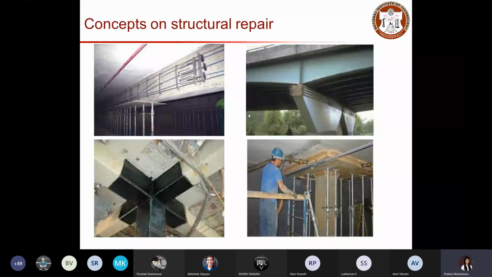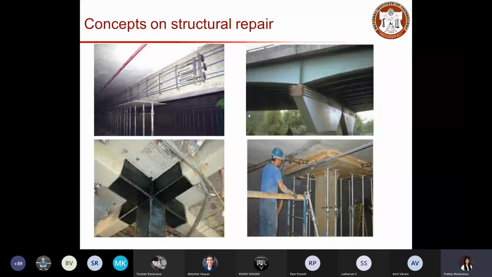the structure. Enhancing in the sense, like I already mentioned, if the bridge was constructed 50 years ago, now the demand for that bridge has increased significantly. So the capacity might have come to the lower end and demand will be at the higher end, right? So now to meet the demand, you have to increase the capacity of your structure.